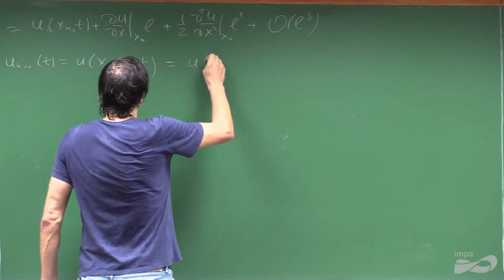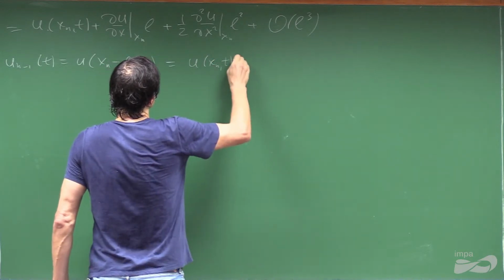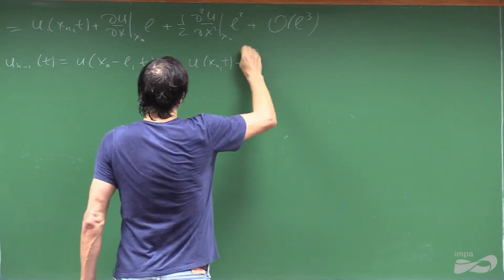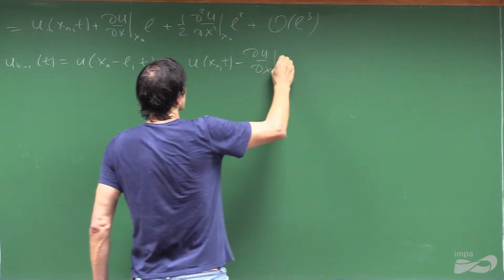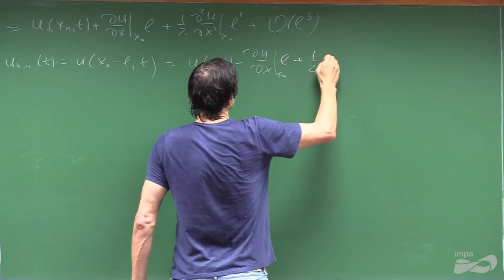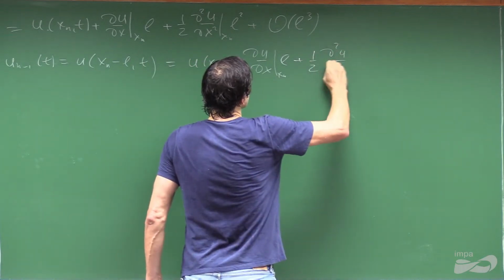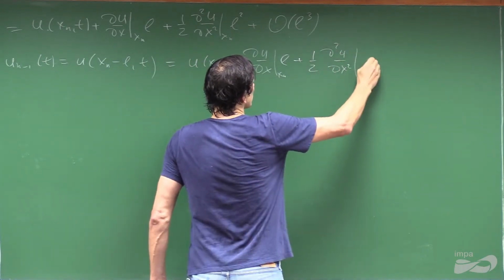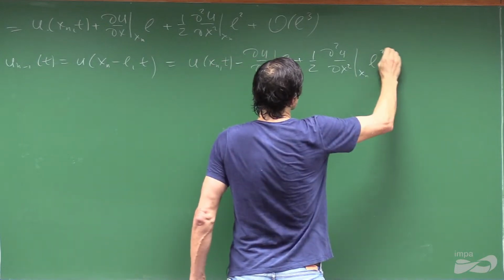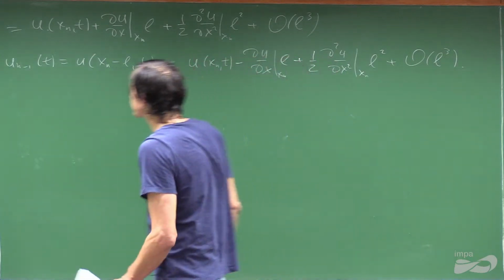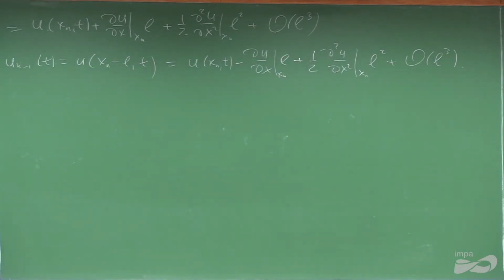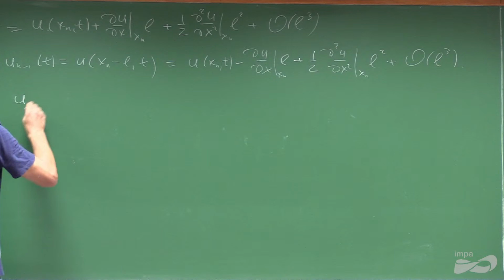So it will be u at xn, t minus du/dx computed at xn times L, plus 1/2 d2u/dx squared times L squared, minus the cubic term. Next term is expansion. So now we put all this into the equation of motion.